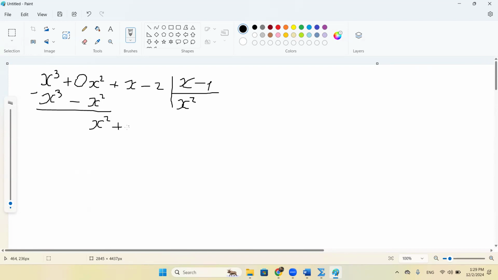plus x. So now dividing by x as well. So x plus 1. Stop.